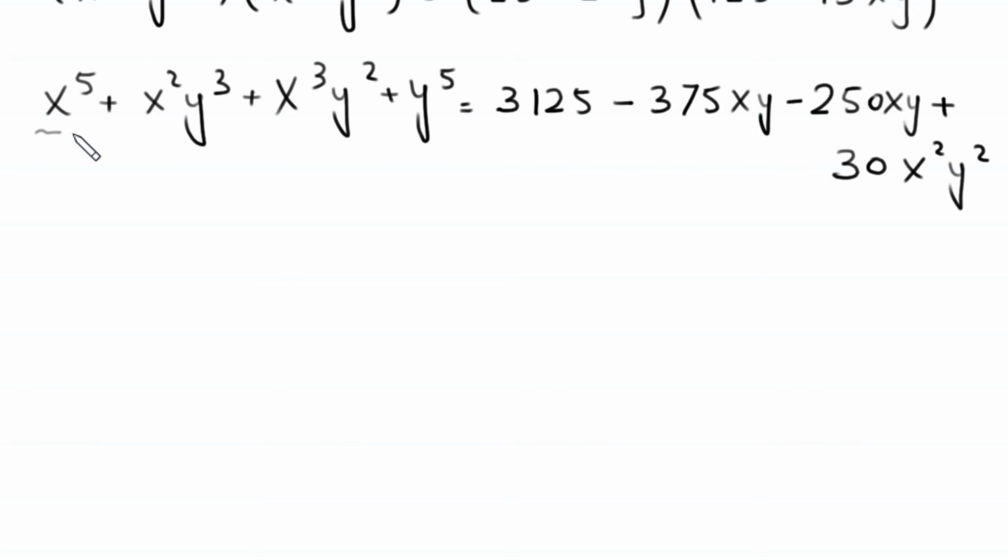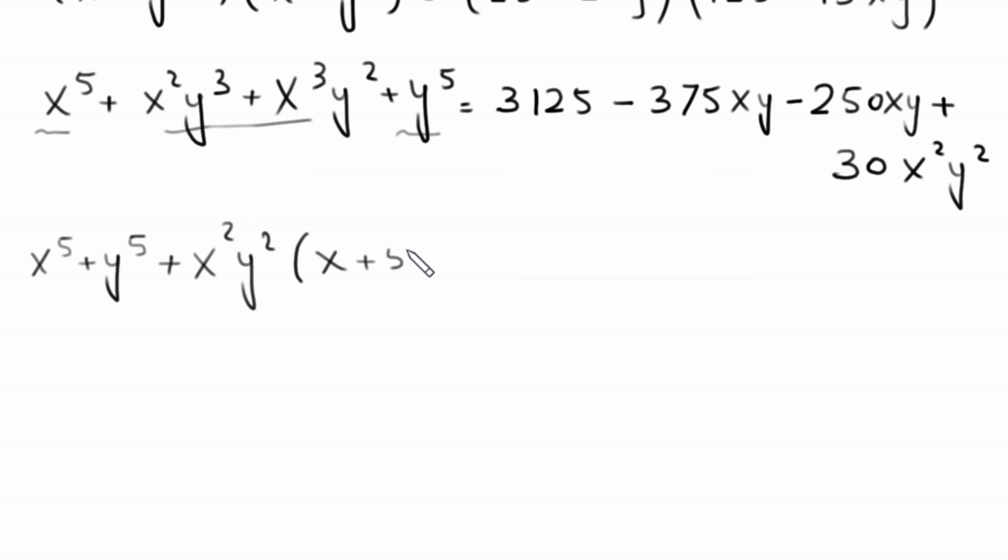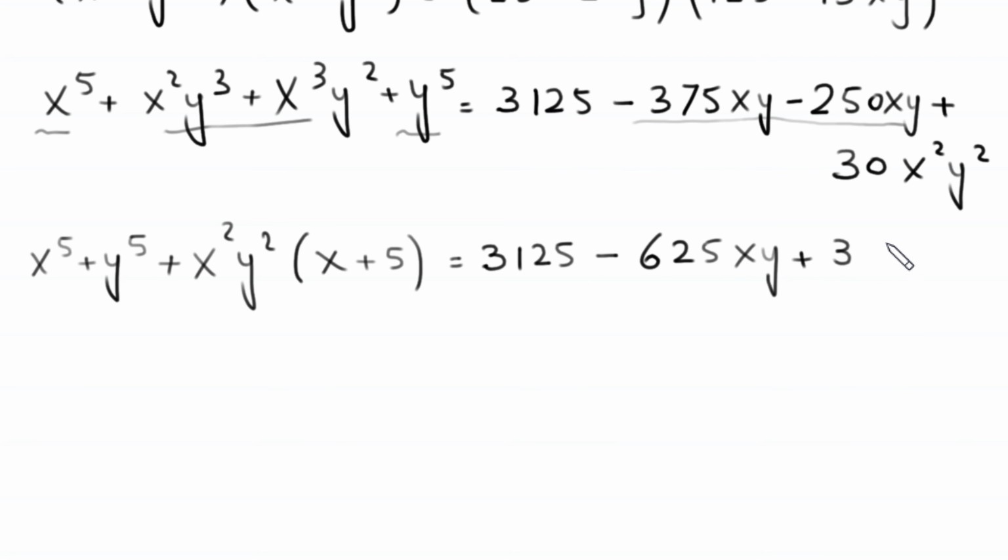Combine these two terms, x to the power 5 and y to the power 5. x to the power 5 plus y to the power 5, from these two terms we can factor out x squared y squared in bracket x plus y, equal to 3125. This negative 375xy minus 250xy will become negative 625 times xy plus 30x squared y squared.